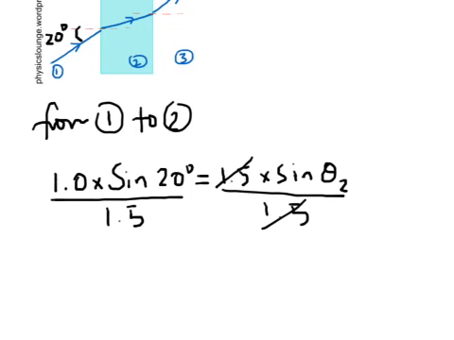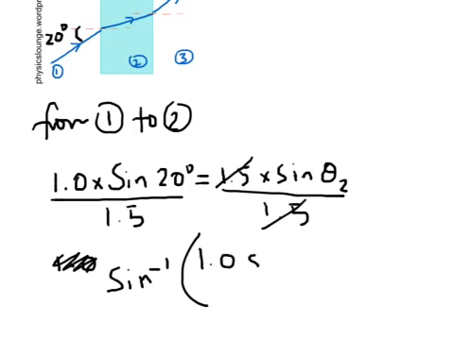So I'm going to write this out in full so it's very clear. Inverse sine function, sine to the negative 1, and that's just second function or shift on your calculator. 1.0 sine of 20 divided by 1.5, and that will be sine to the negative 1 times sine of theta, which gives us theta 2 by itself.